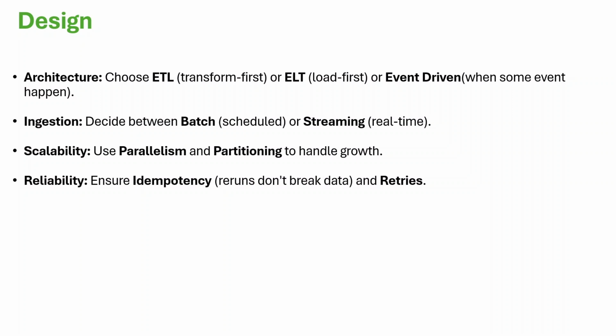When some failure happens, how many retries do you want to do? Because failures can sometimes be predictable, and sometimes they can be unpredictable. So you need to think about what kind of retry logic you want to incorporate.